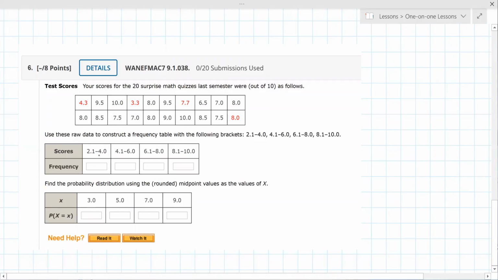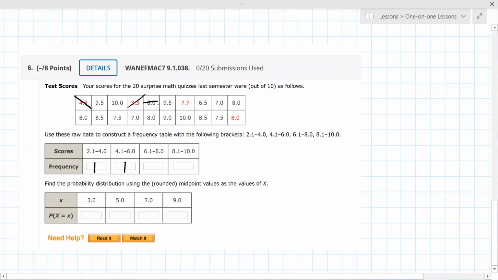So 2.1 to 4, that's 1. And then are there any other ones in 4? It doesn't look like it, so there's 1 there. 4 to 6, so I'm going to make a different slash. There's 1 there, and then to 6, I'm not seeing any others there, so we'll just put 1 there. 6.1 to 8, so that includes 8.